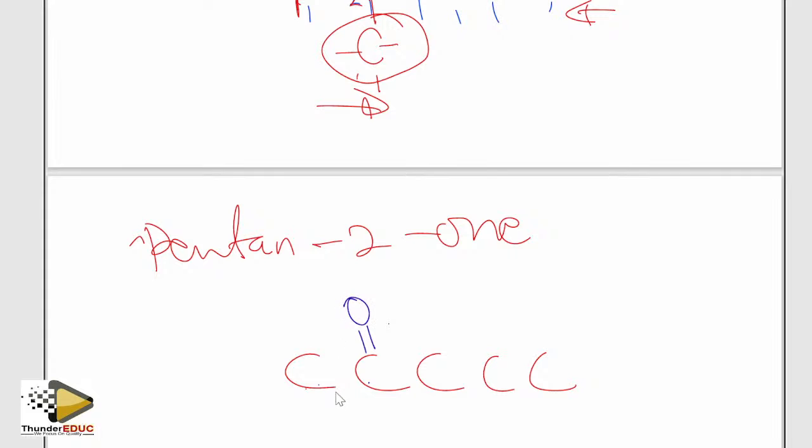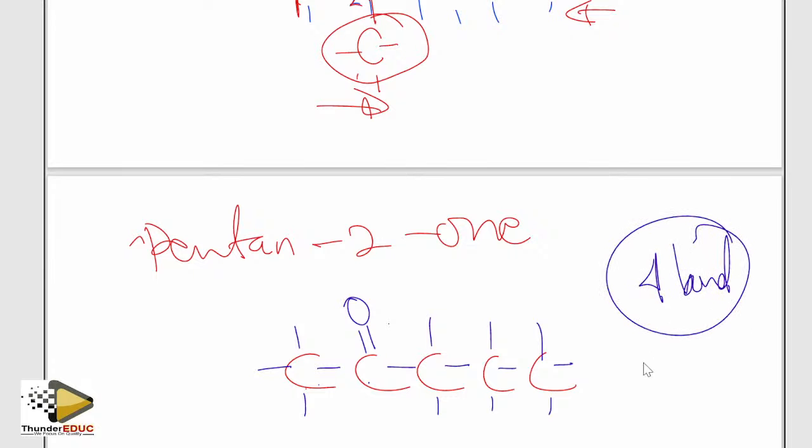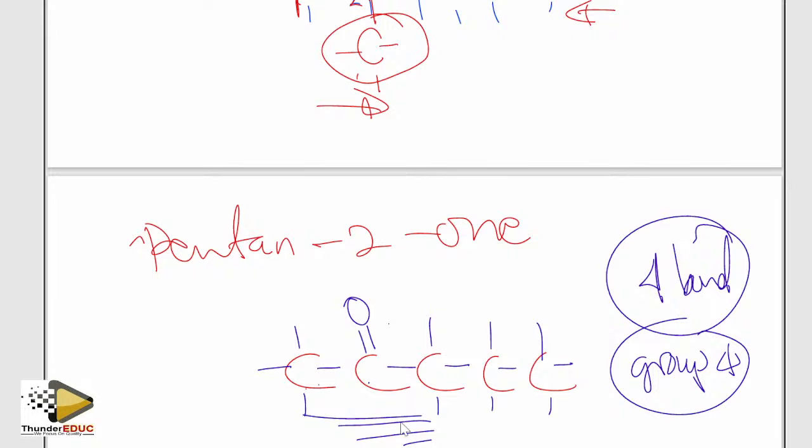Therefore, I'm going to have the carbonyl group there. And then now I put the hydrogens. Don't forget that each carbon atom is supposed to have 4 bonds. Why? Because it is found in group 4. So you have to know that. So basically that is pentane-2-one.